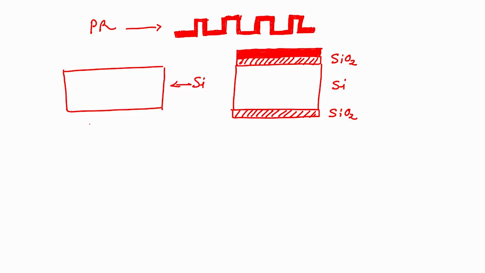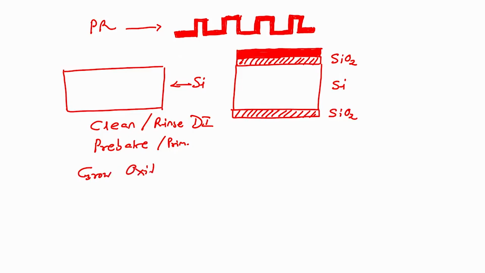You take the silicon wafer, then you clean it, rinse it with DI, then you pre-bake it, then you apply a primer, then you grow oxide, then you spin coat photoresist, alright.